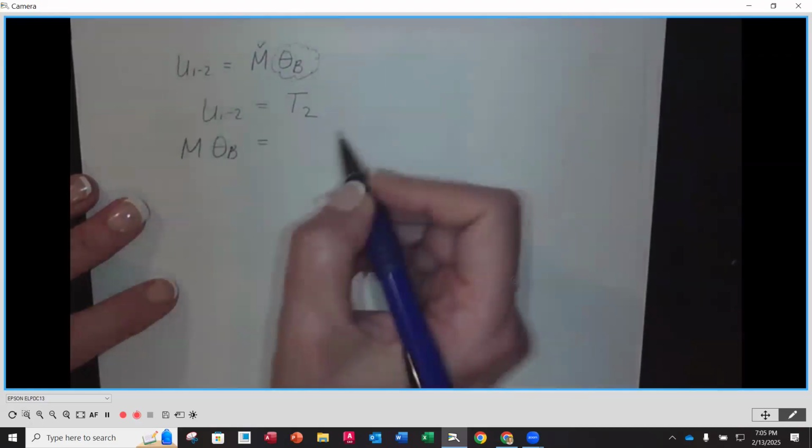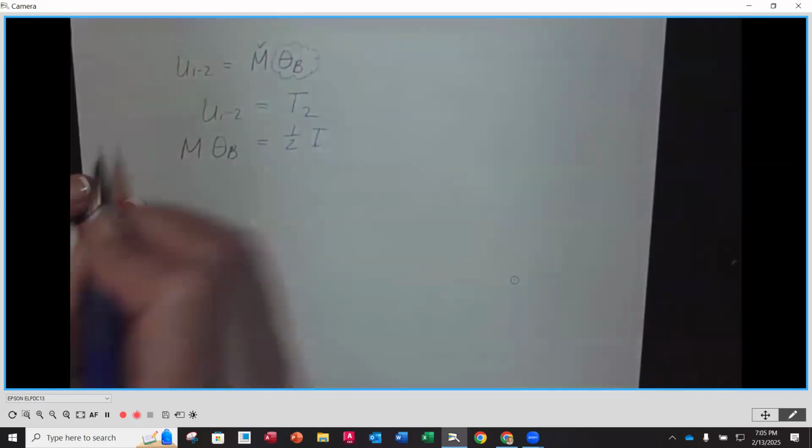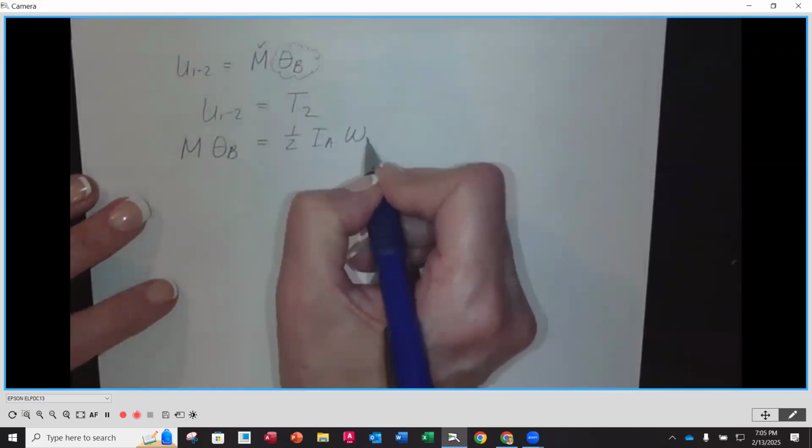So we know what that is. So now if we take our equation, work is equal to T2. We go over here, this is going to be our moment theta B, our 1/2. I'm just rewriting this so it's all on the same page. If you don't want to write this over again, I totally understand.